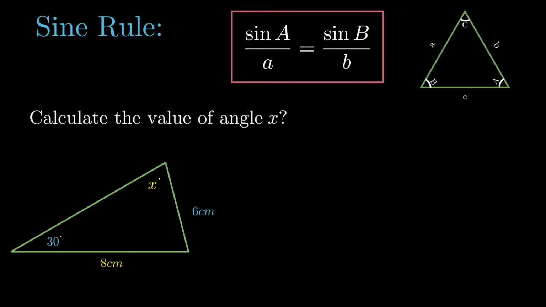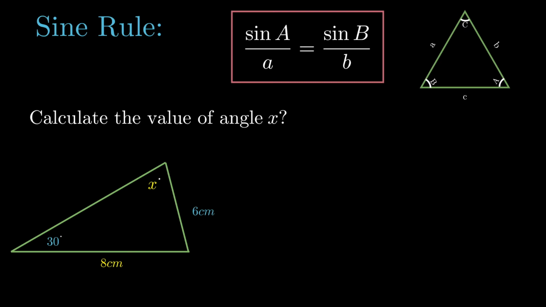As you can see, 30 degrees and 6 centimeters are opposite each other. We can label 30 degrees as the angle A and 6 centimeters as the side a. Also, x degrees and 8 centimeters are opposite each other, so x can be angle B and 8 can be the side b. Now we can just substitute these values into the formula.